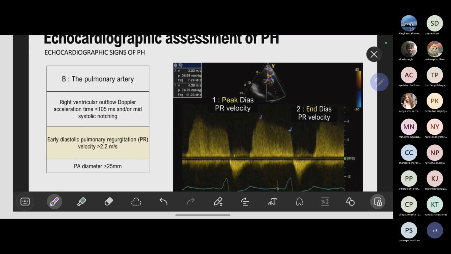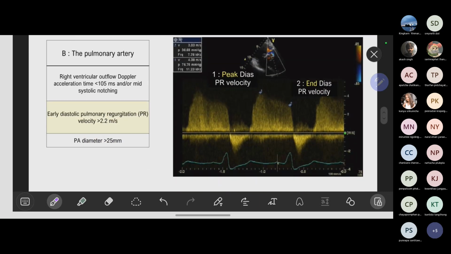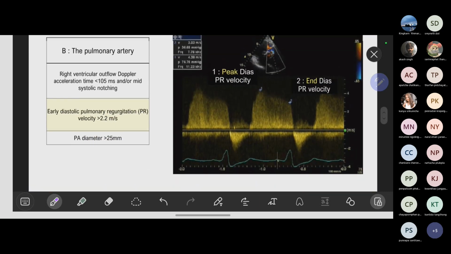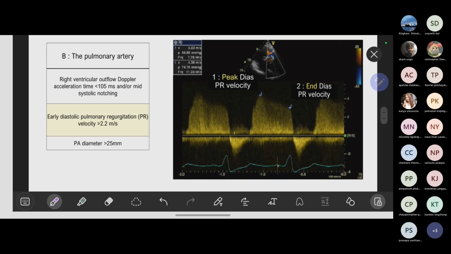Next is measurement of early PR velocity. If the early or peak PR velocity is more than 2.2, it indicates high pulmonary artery pressure.